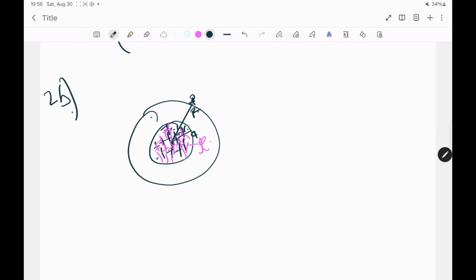Then from the question, we want to find the electric field intensity outside the sphere, if we place a point outside the sphere. From the figure, you can see that the radius of the sphere is a.